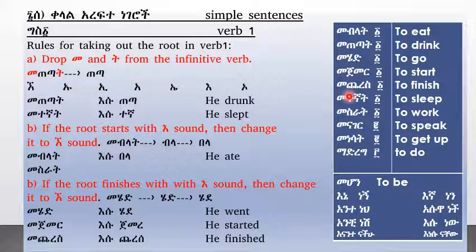Now you see numbers 1, 1, 1, 2, 2, 2, 3. This is a grouping I made myself to make learning verbs easy.